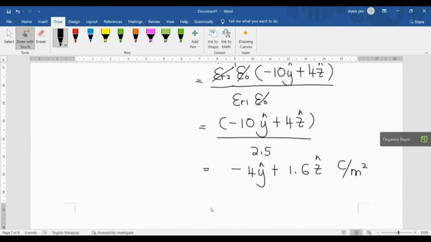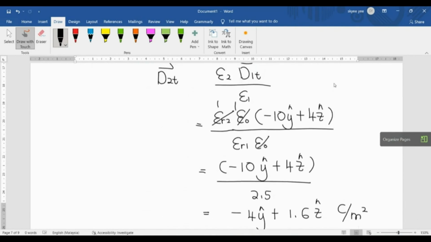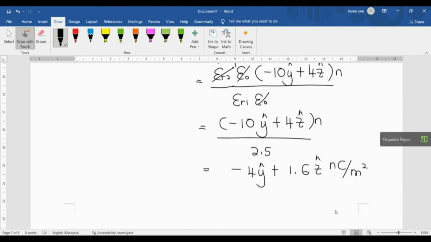Sorry, just now I neglected this: everything is in nano, so this is also nano. So this is D2T.